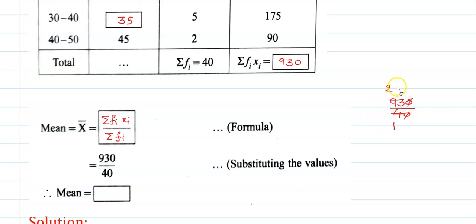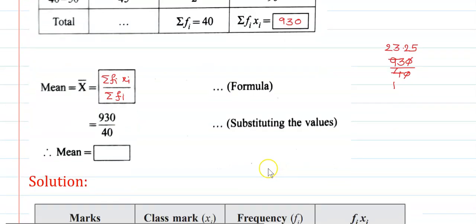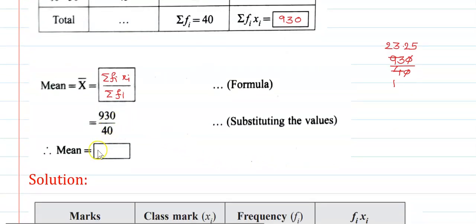Okay. Then 4 3s are 12. Then again 4 2s are 8 and 4 5s are 20. Therefore the answer is 23.25. This is the mean.